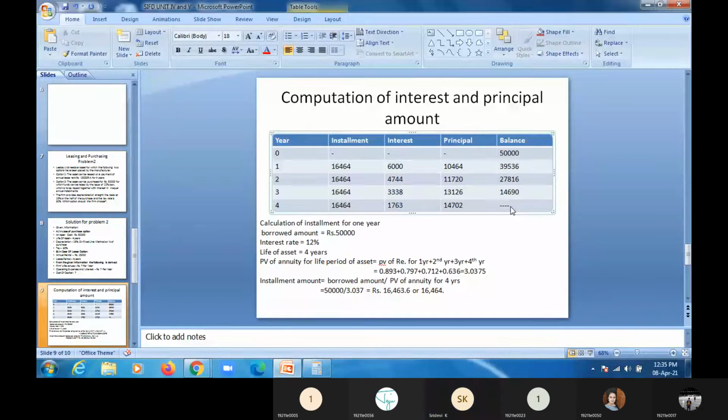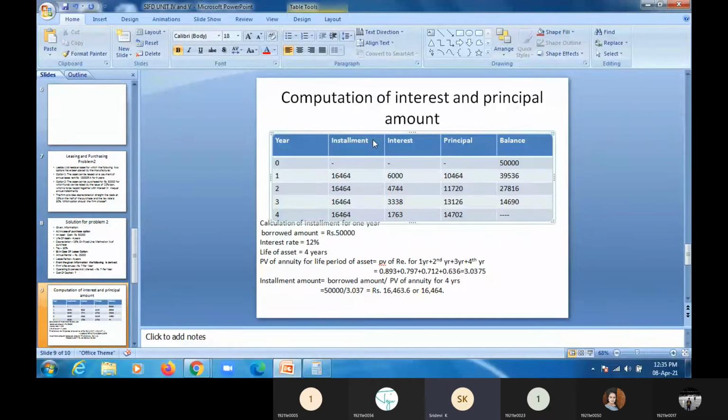Okay. Any doubt in understanding this? Let us name these columns. This is A, the installment. Interest let us take as B. C is the principal amount.